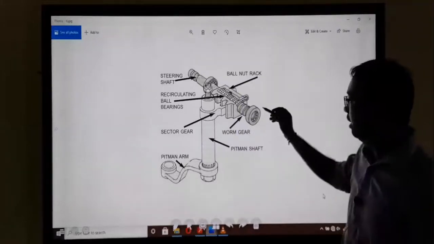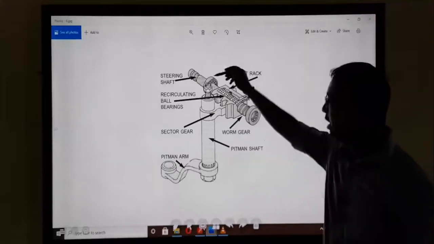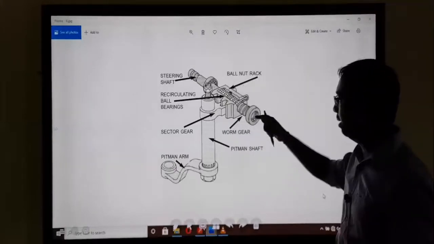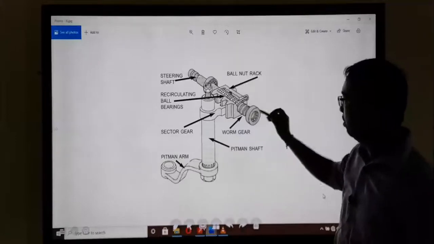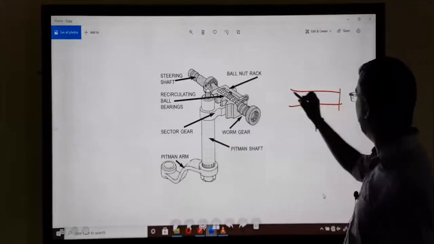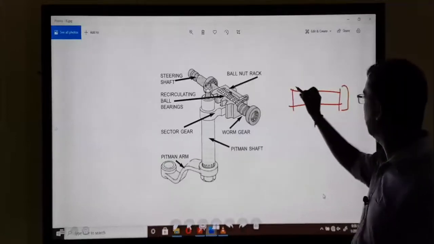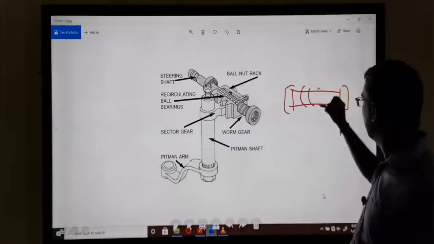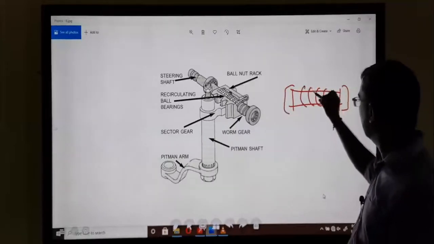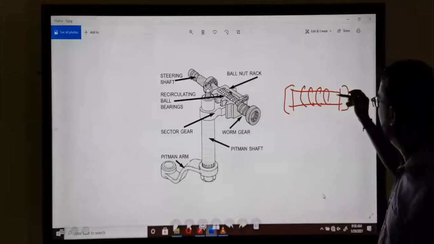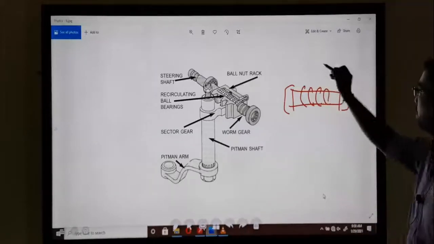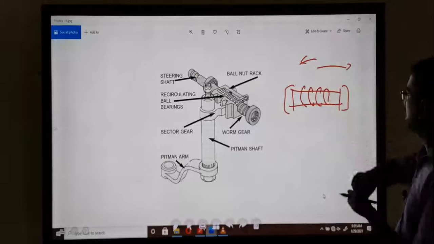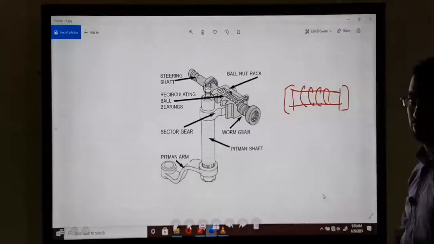What will happen? It is fixed. Here there is a bearing, here there is a bearing. This shaft is fixed, so normally this shaft does not move. This shaft is rotated like this, but not moved this way or that way. There is no motion.